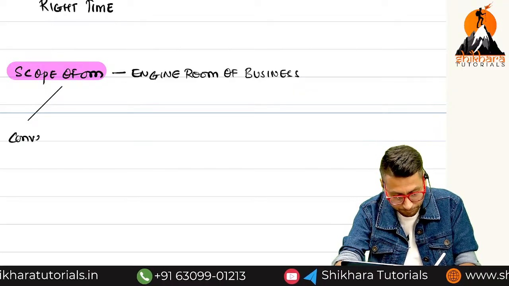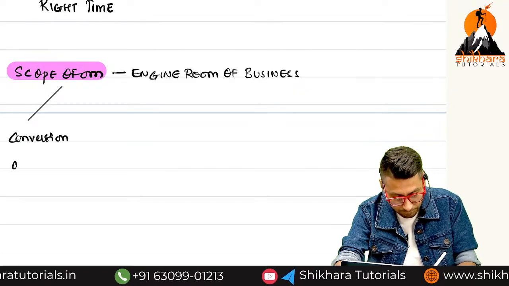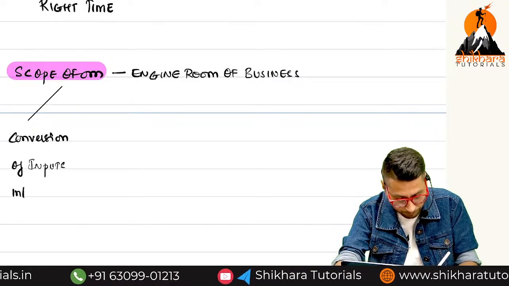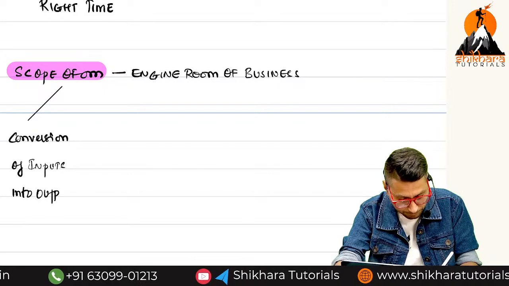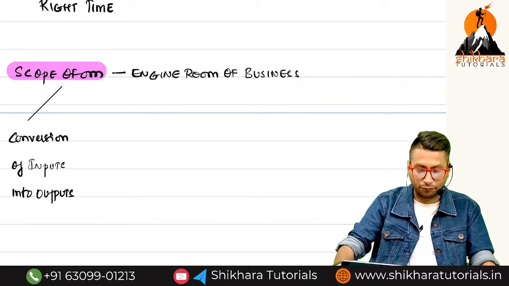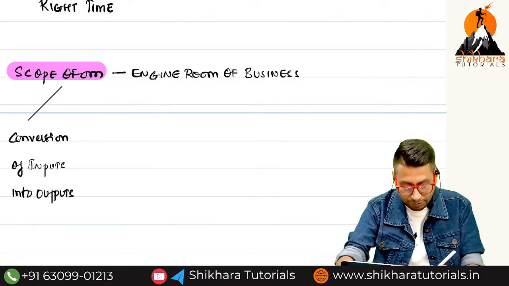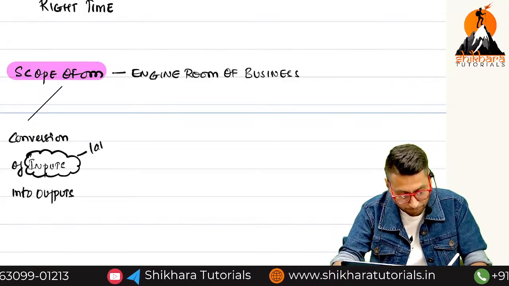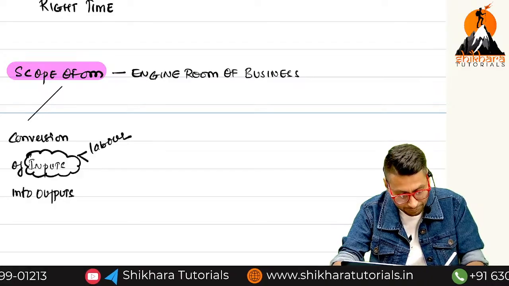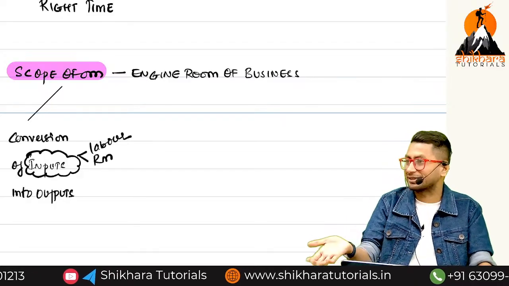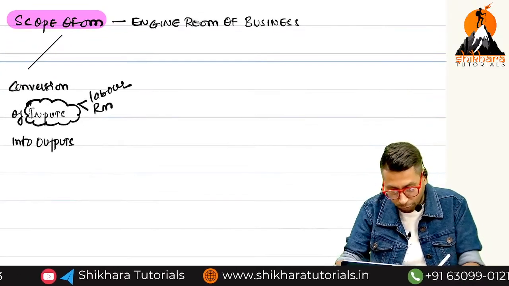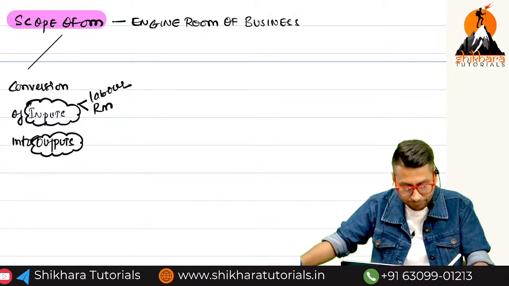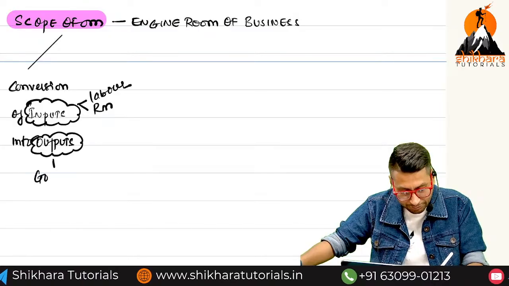Conversion of inputs into outputs. Can you give some examples? Labor is an example of input, right? And raw material we can also take as an example of inputs. Outputs are nothing but goods and services.